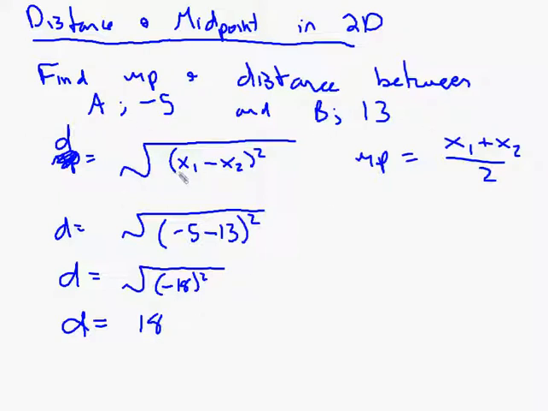And when I show you the 2D formula, you'll see why I gave you this overly complicated one for 1 dimension. Midpoint in 1 dimension, I'm going to add those two. It's basically an average. I do need to keep the sign of that -5 though. So -5 plus 13, then I divide by 2, and then I have 8.